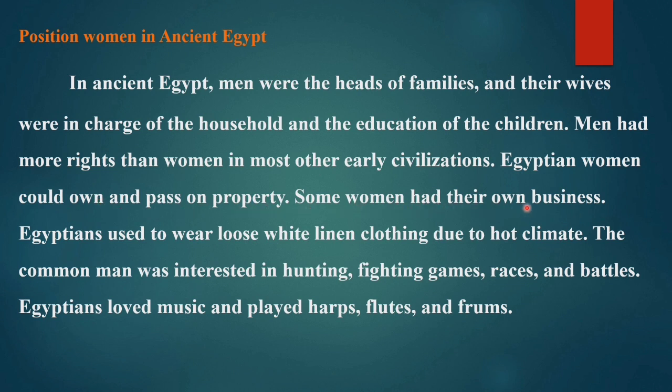Some women had their own businesses. Egyptians used to wear loose white linen clothing due to the hot climate. The common man was interested in hunting, fighting, games, races, and battle. Egyptians loved music and played harps, flutes, and other instruments.